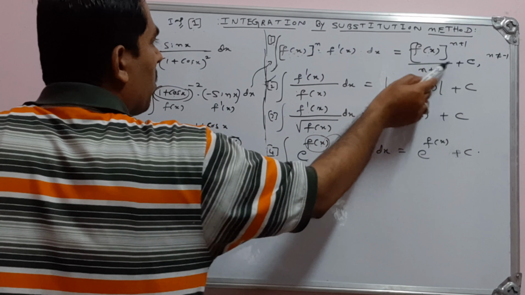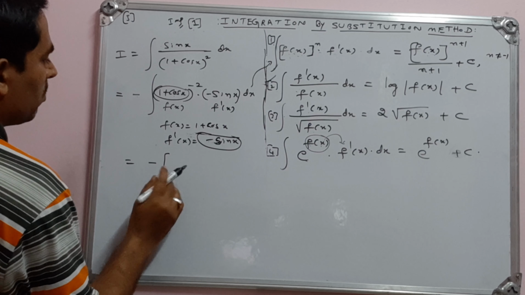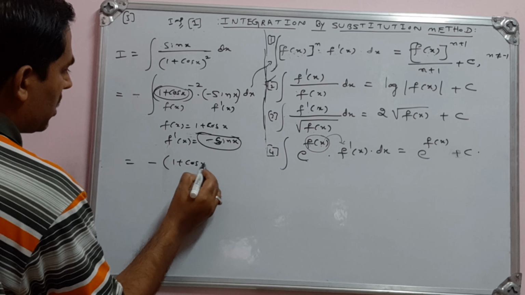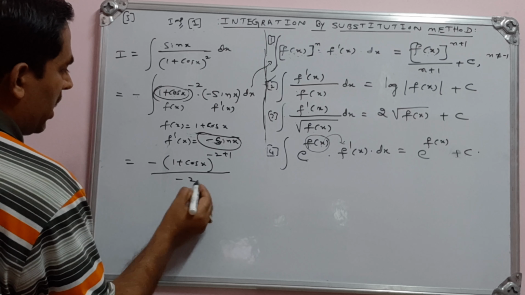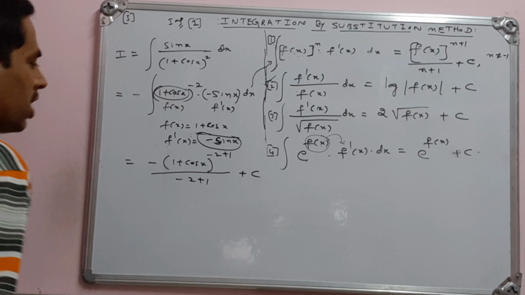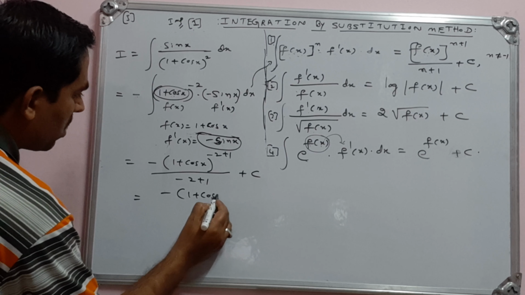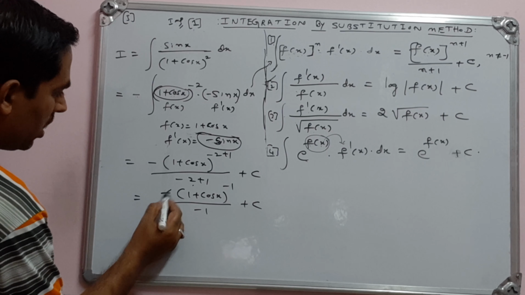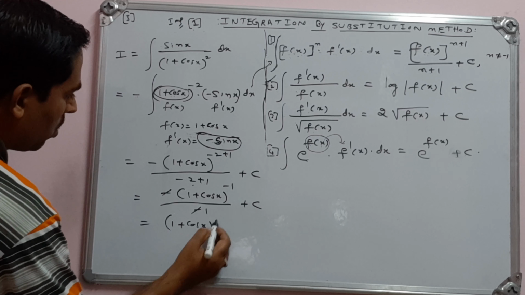Now it is exactly of this form, so I can write f of x to the power n plus 1 divided by n plus 1. With the minus outside, f of x is 1 plus cos x, whole to the power n plus 1, where n is minus 2, so minus 2 plus 1 is minus 1, divided by minus 1, plus the constant of integration. The minus signs cancel, and you get (1 plus cos x) to the power of minus 1 plus the constant of integration.